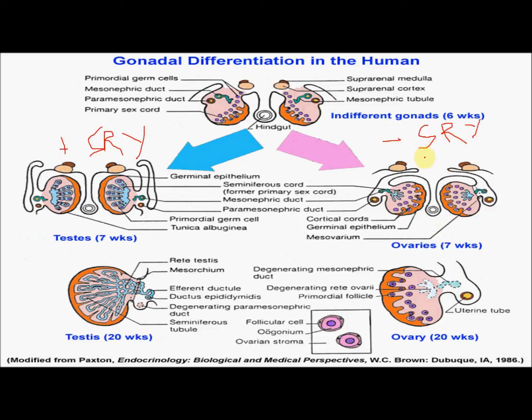Then the sperm carrying the Y chromosome without the SRY fertilizes the egg. It will become female, but she will have the Y chromosome instead of the XX chromosome, the usual thing.